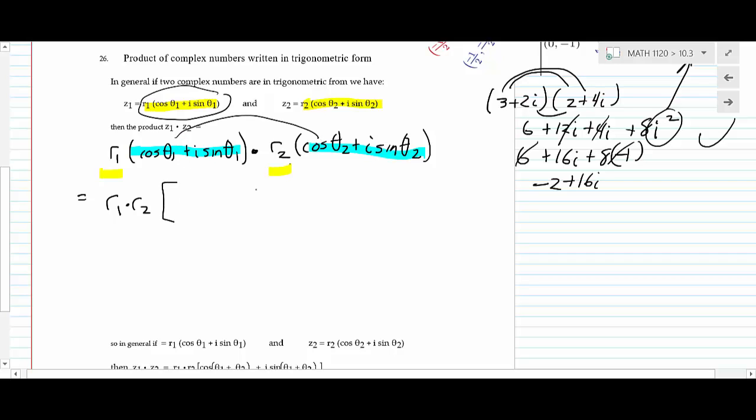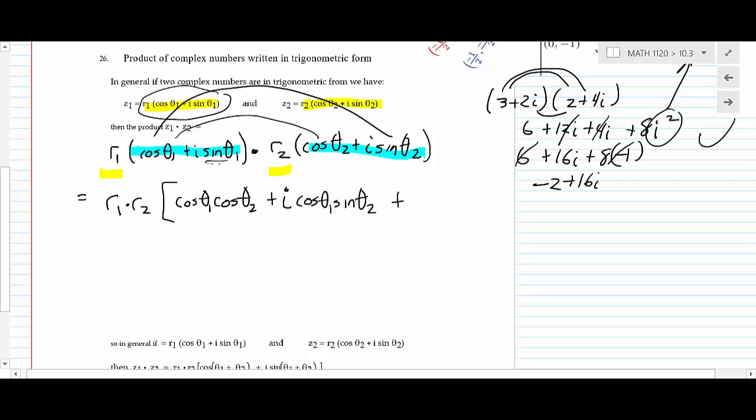If we do that, we're going to have cosine theta 1 times cosine theta 2. That's your first term. Okay, now do your outside term, and you have an i when you do that. So we're going to say i cosine theta 1 sine theta 2 like that. So that's the first and outside terms. Okay, go ahead and do your inside terms.